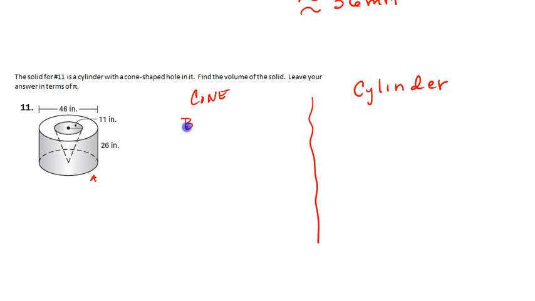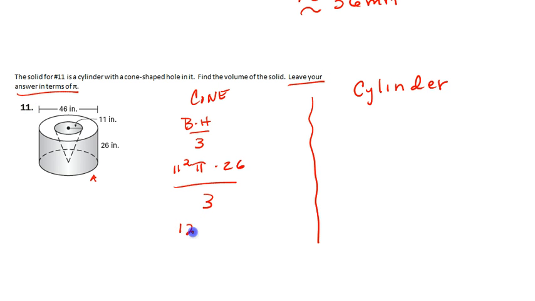Our cone is base times height divided by 3. So it's got a radius of 11, so it's 11 squared pi times 26 over 3. Notice it's telling us to leave this in terms of pi, so I'm going to do that.